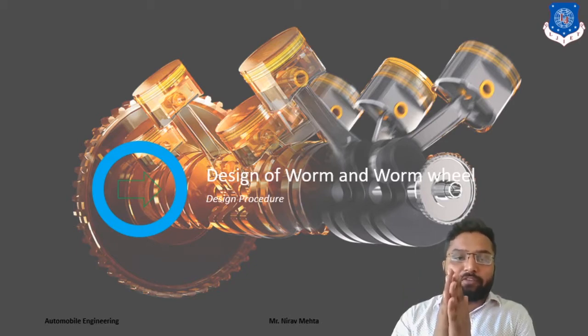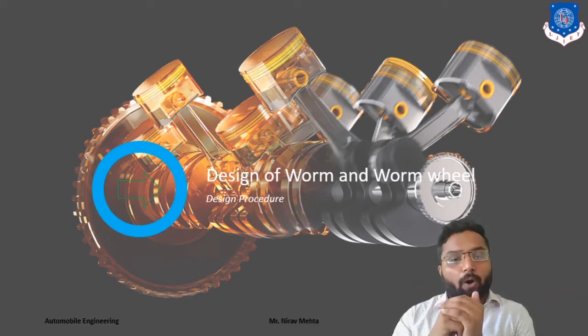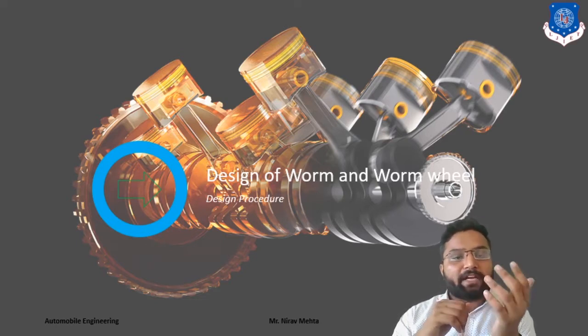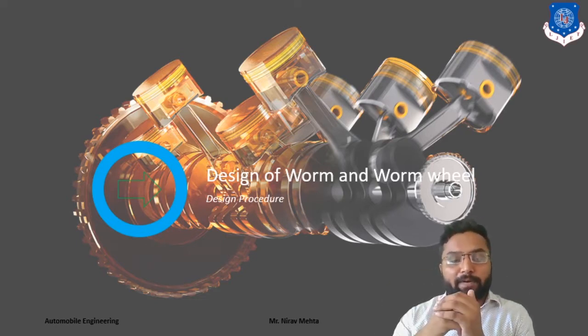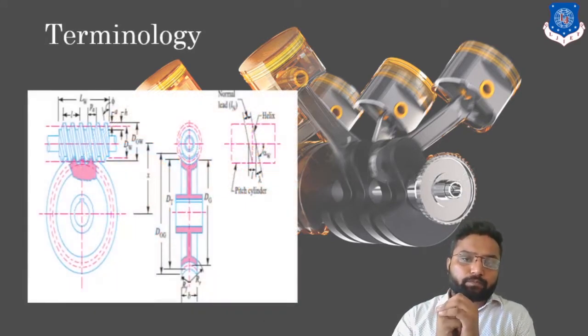Basically, worm and worm wheel are designed based on their efficiency and strength. Efficiency of a worm and strength of a wheel. Strength of a wheel is the same as we have determined in the case of spur gear, while the efficiency of the worm will depend on the terminology which we are going to discuss in this particular video.